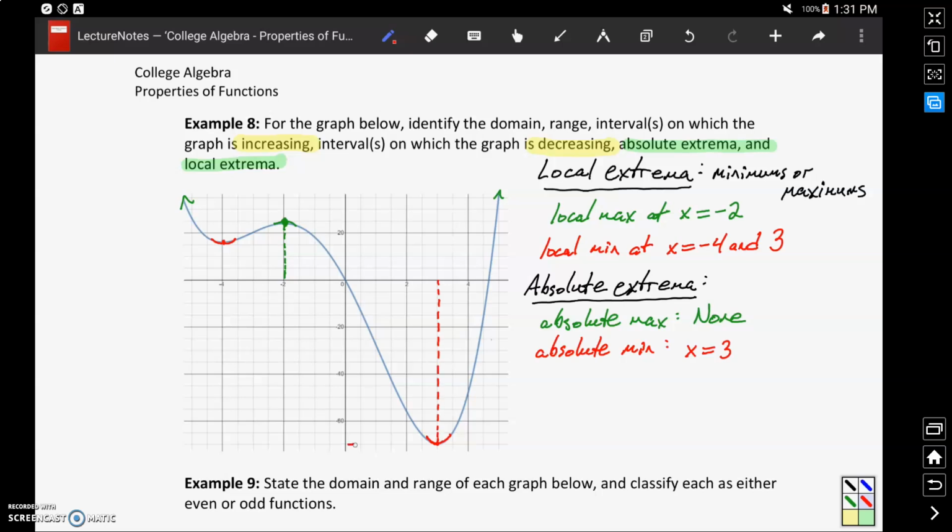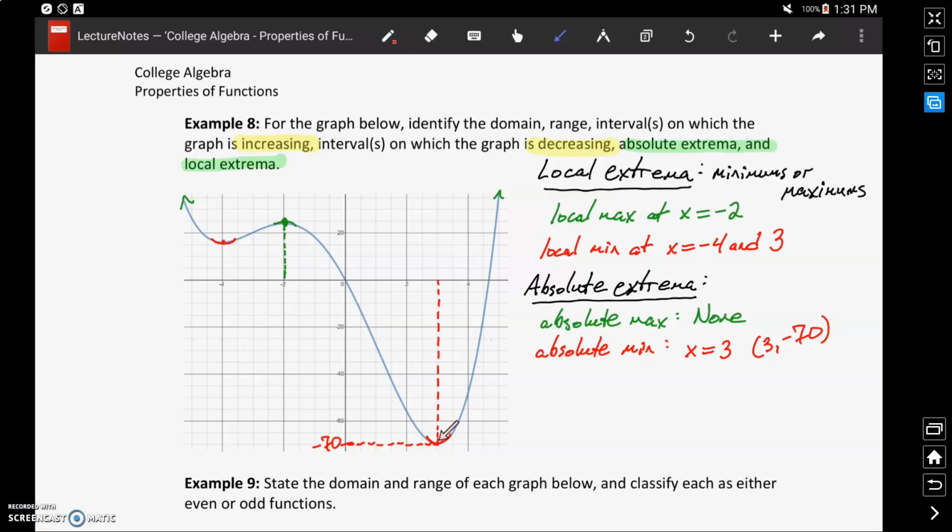And our y coordinate here is -70. So whether we were talking about that local minimum or this absolute minimum, we could also refer to this by its xy coordinate pair, 3, -70.